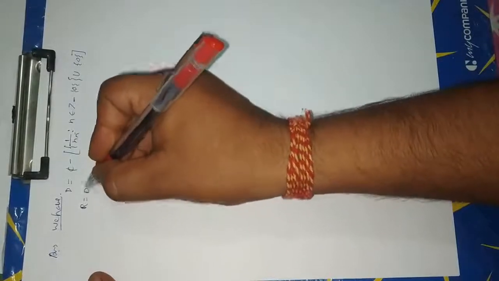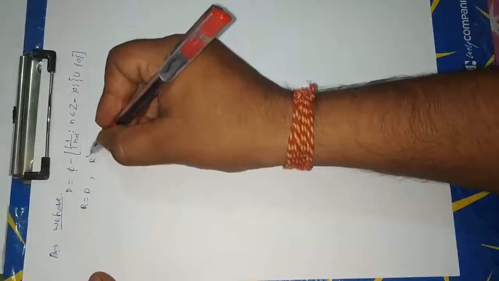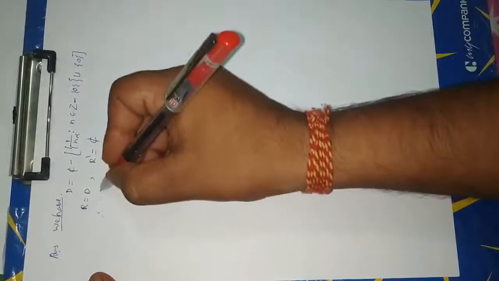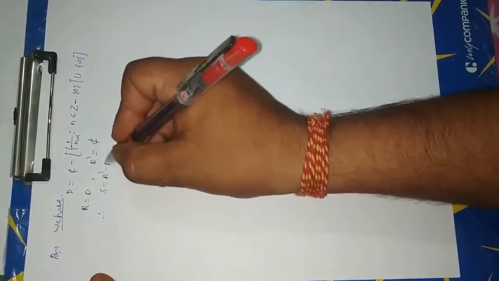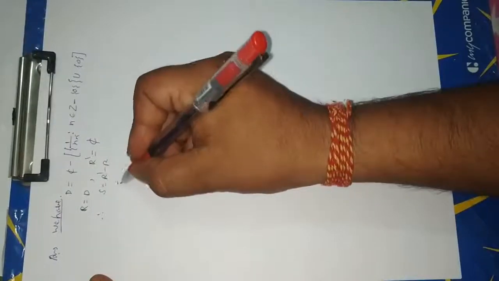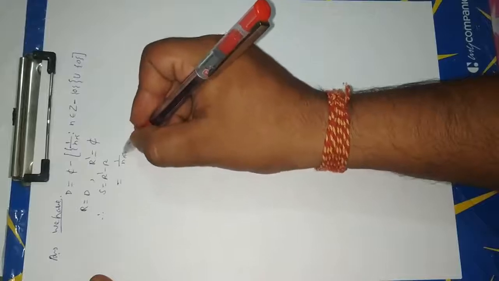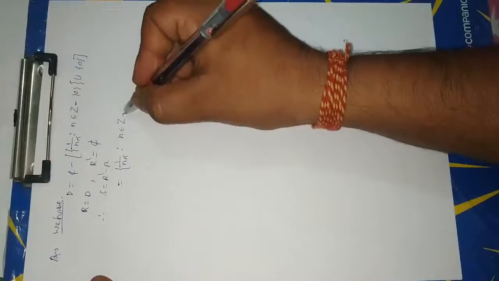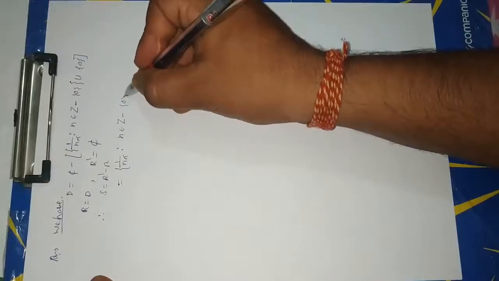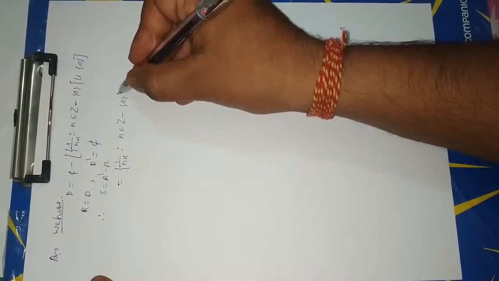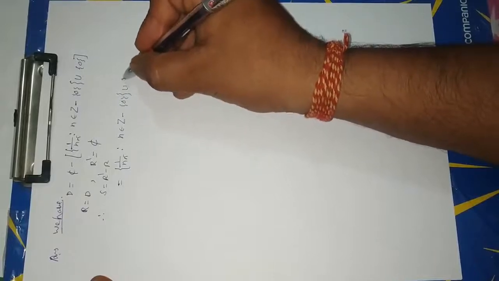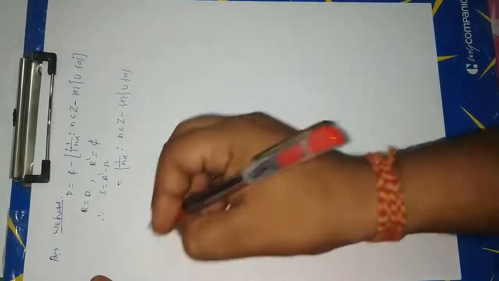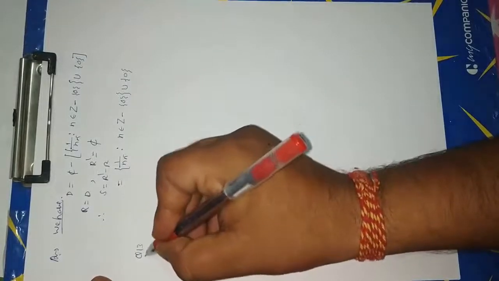Since R is equal to D, R dash is equal to C only. Therefore, S is equal to R dash minus R. This is equal to {1 upon n pi such that n belongs to capital Z, n not equal to 0} union {0}. This is the value of S. Now next question, question number 13.